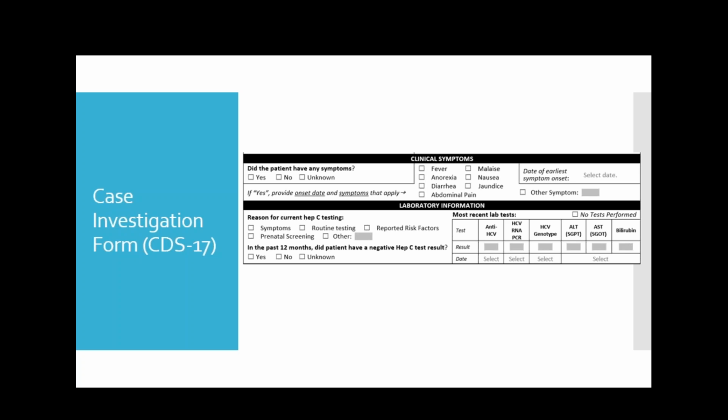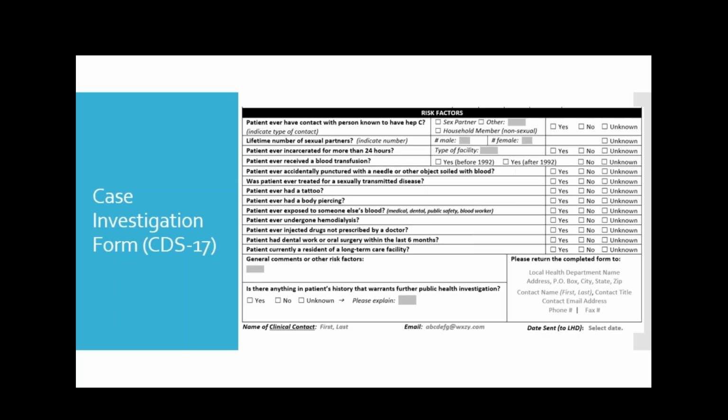As well as what was the reason for testing? Did the patient have a negative antibody test within 12 months, which is, as we saw in the case definition, a confirmed acute case. And on the right, there's a spot for listing all HCV-related tests.